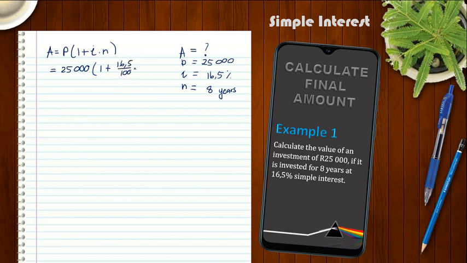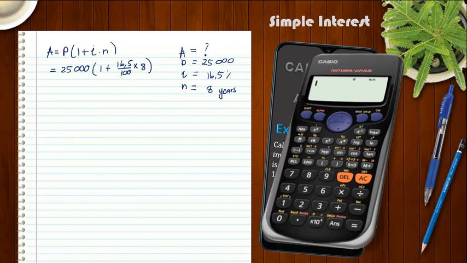So that depends from person to person how they want to write that. For me, it's just simple to always just take the number as it is and put it over 100, and then times by 8. Okay, so now we're going to type this into the calculator.